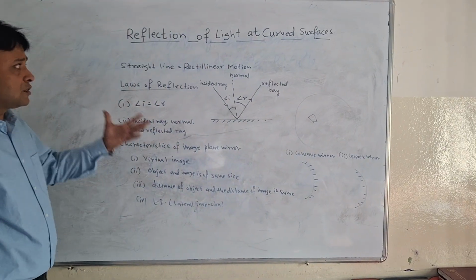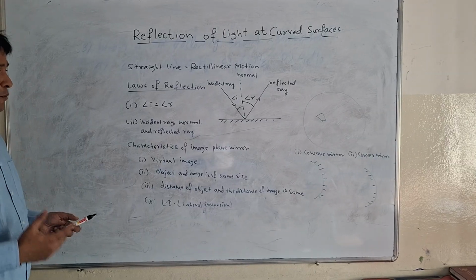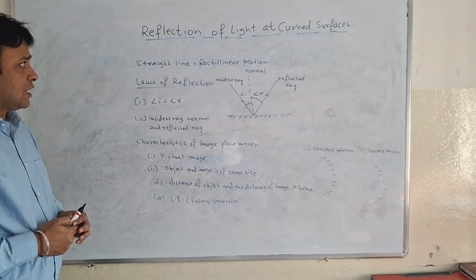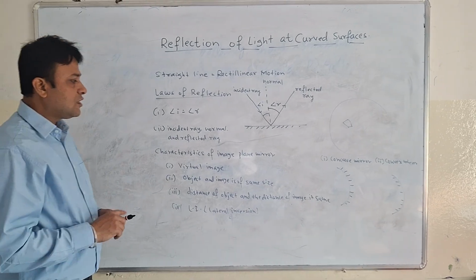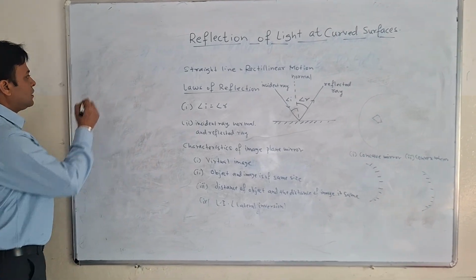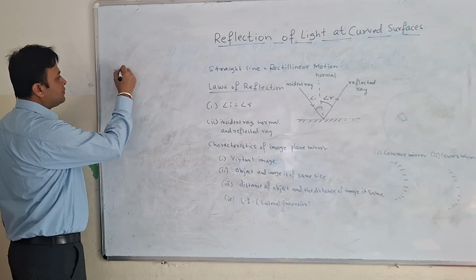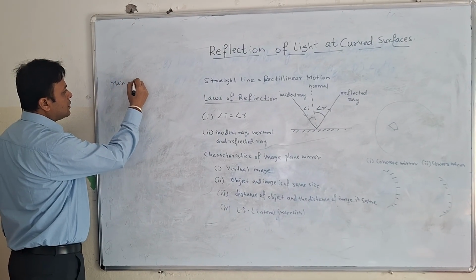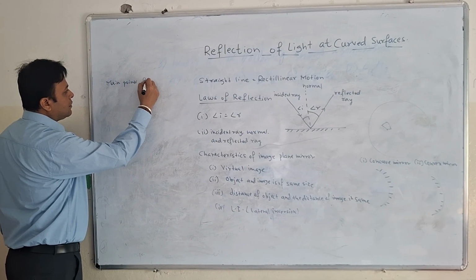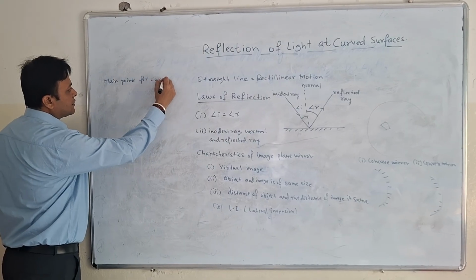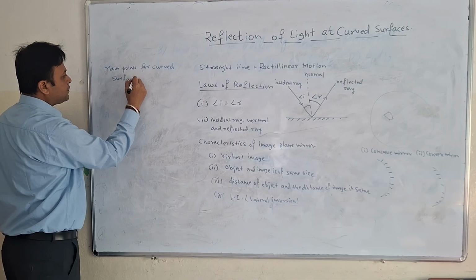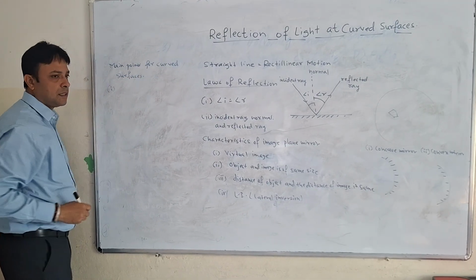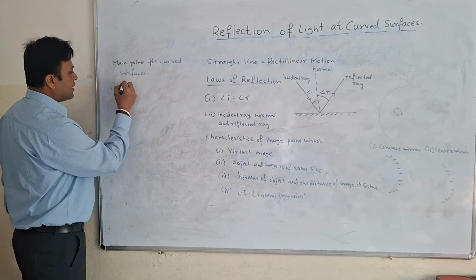Before going into the types of ray diagrams for the curved surface, we have to understand a few things. What are the main points for curved surfaces? The first one is the radius of curvature.